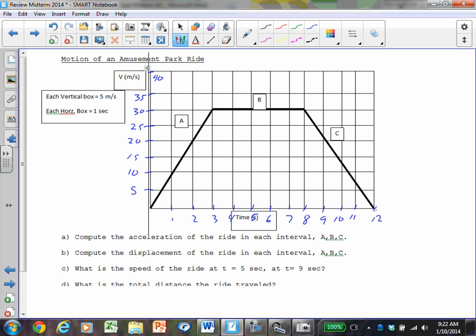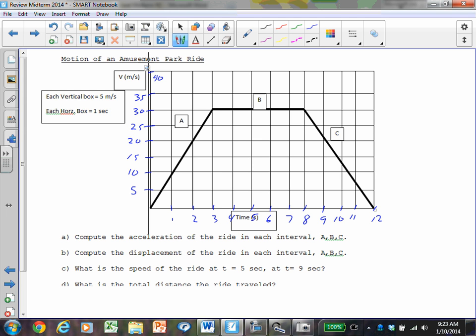How do I get acceleration from a velocity versus time graph? The slope, right? There's change in y over change in x, in this case change in V over change in T. That is the acceleration.